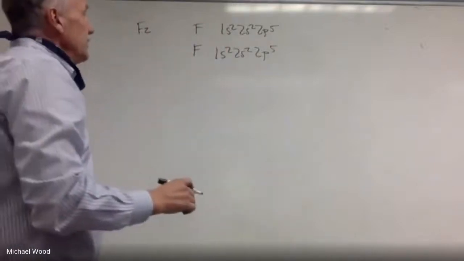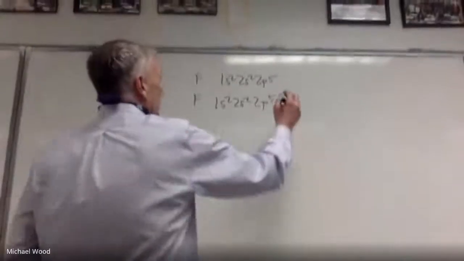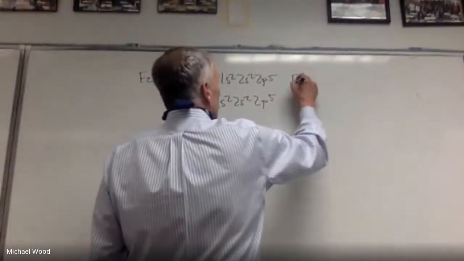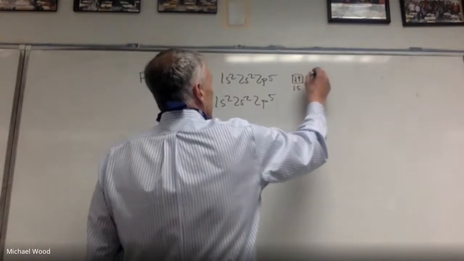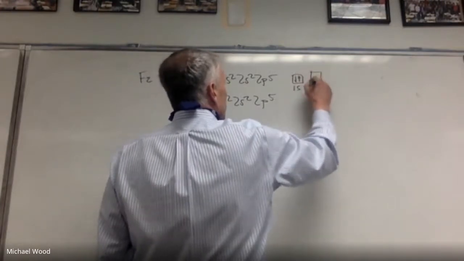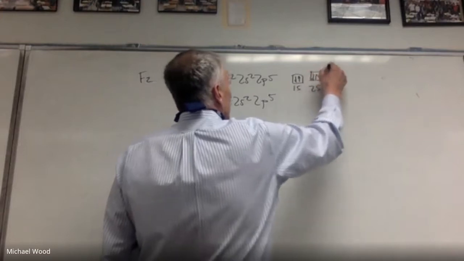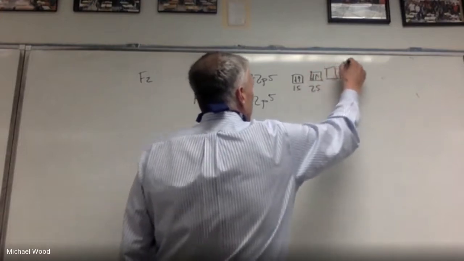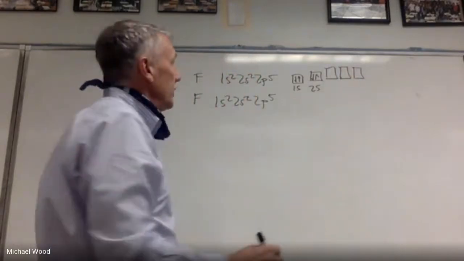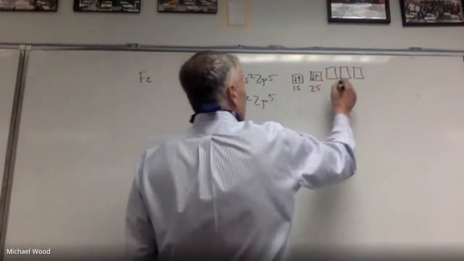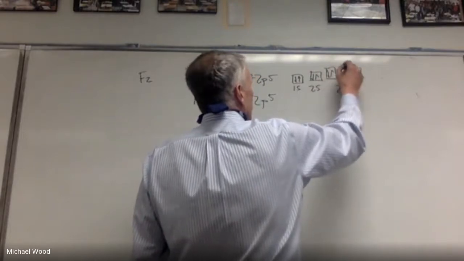So if I did the orbital diagram, I have the 1s2, there's the 1s, then I have the 2s, and then I have the three 2p's. So here we go back to stuff that we were doing before Christmas vacation, back in December.